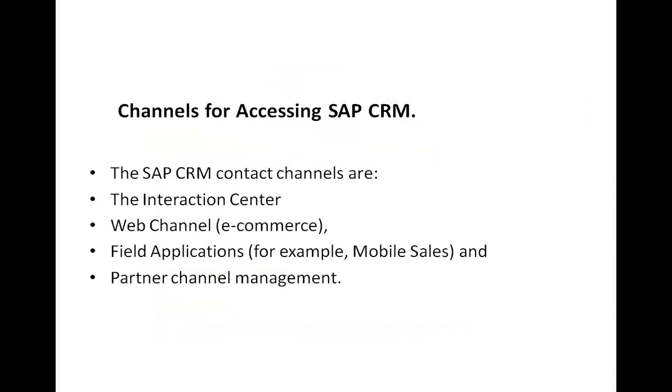So there will be a question here: is ABAP able to manage all these channels? For example, one of the customers wants to place an order through e-commerce. He has placed an order. He found that the product is very good, and he wants to order one more. So this time, he doesn't have any connectivity. He wants to place an order through the call center.